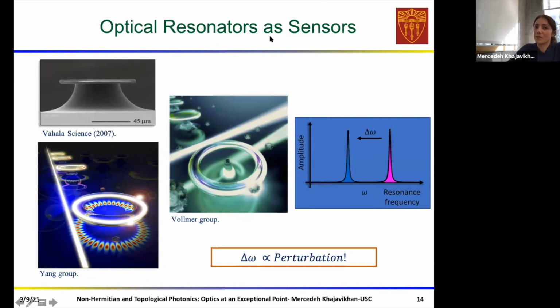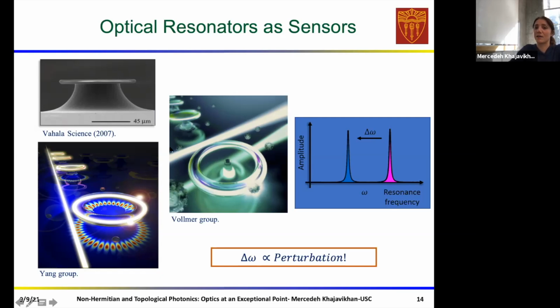We know that optical resonators are used for sensors, and the principle behind these sensors is very simple, in the sense that they are resonators, they have resonances, and by bringing a target next to this resonator, the environment of this resonator changes, and as a result the resonant frequency shifts. And it is very well known that the shift in the resonant frequency is linearly proportional to the change in the index that you are imposing.